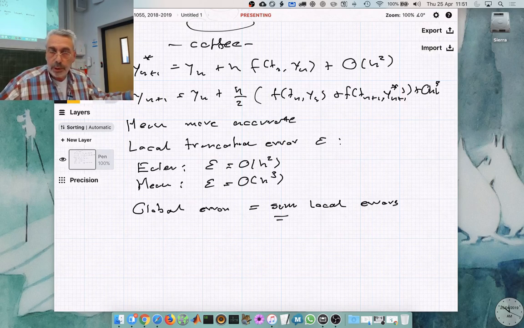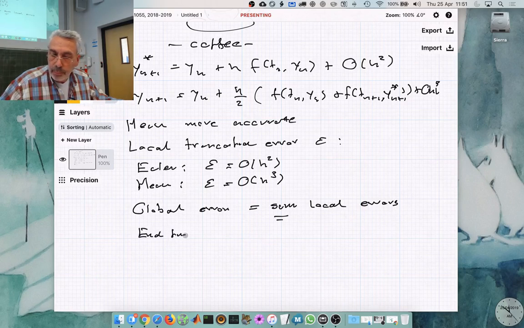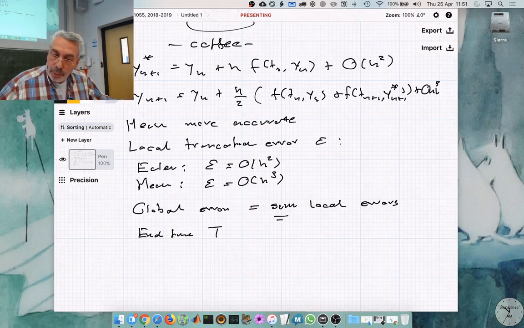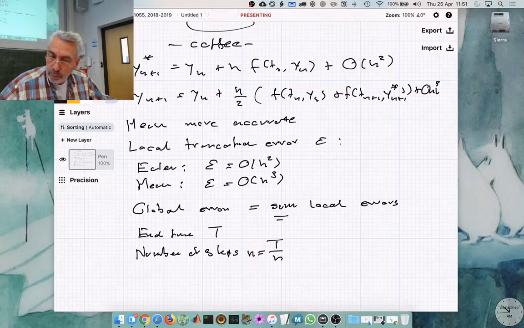Well, let's suppose we want to know our end time, capital T. We want to know the solution at T, give me some number, 3 seconds, whatever. If you then take a step size h, then the number of steps you have to take is T divided by h.